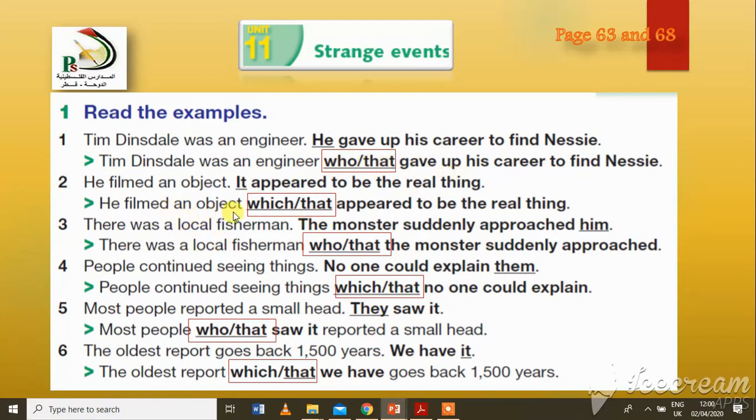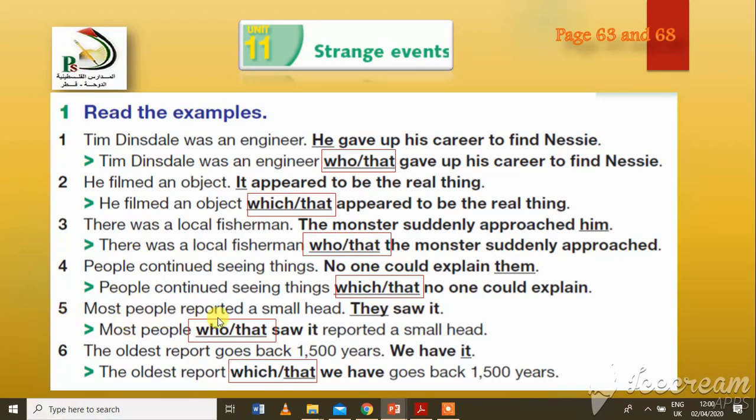Number 2, again we finished it. So it comes in the end. We finished it and then we added the relative clause. But there is another situation when it comes in the middle of the sentence. See here. Number 5.